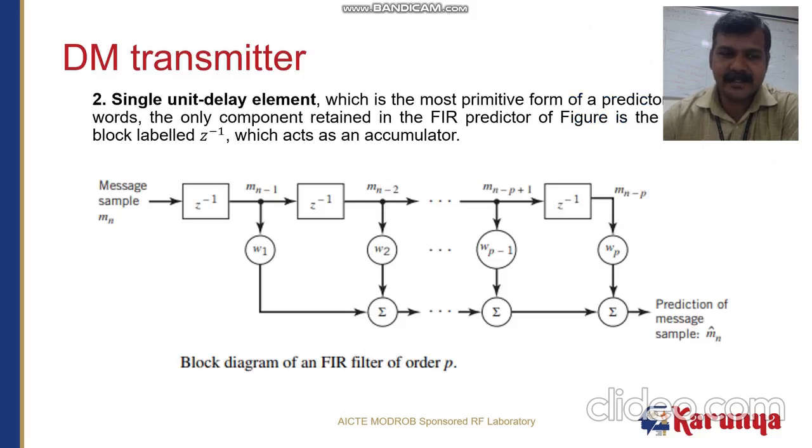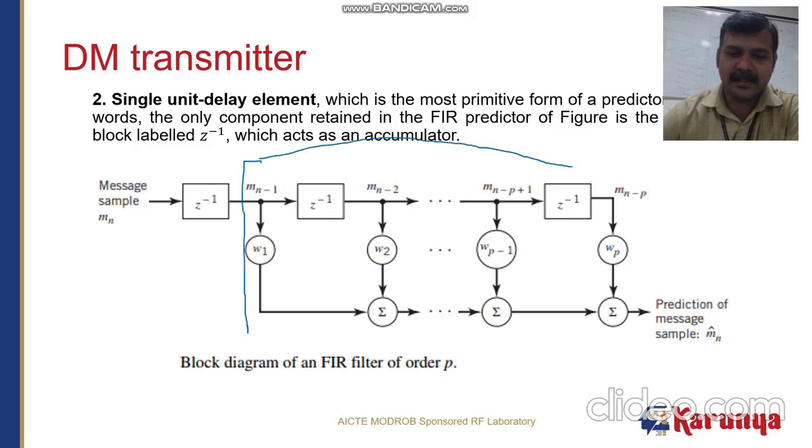The second strategy is the single unit delay element. Here you can see that for prediction of consecutive samples, we have shown a simple example of a prediction filter. The example is an FIR filter of order p.